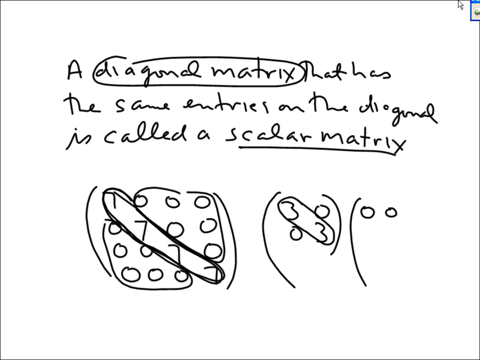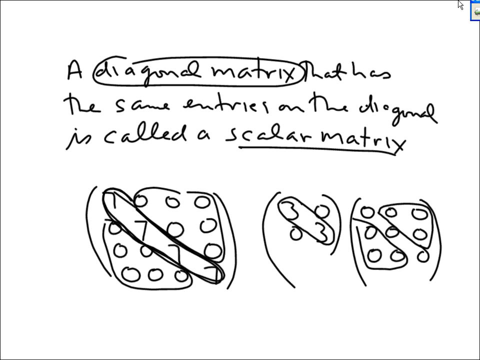This matrix, it's square, so I can talk about diagonals, and off the diagonal. All the entries off the diagonals are 0. So it is a diagonal matrix. Oh, but look, the entries on the diagonal are all the same. So we can say the strongest statement. It is a scalar matrix.